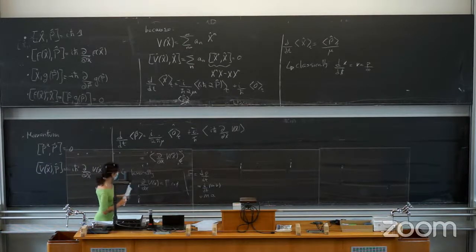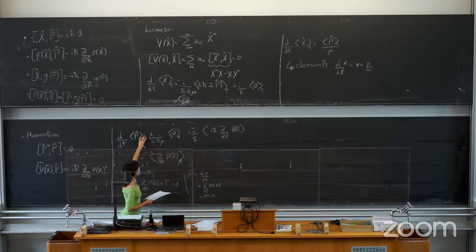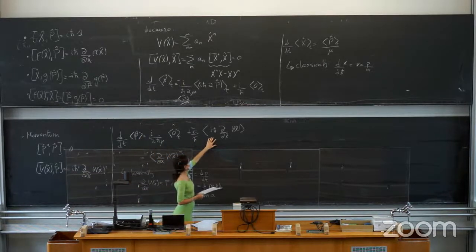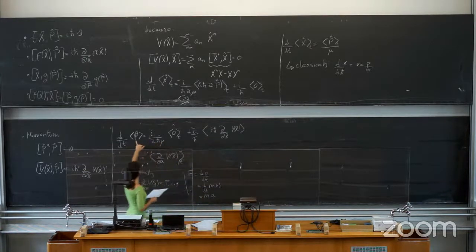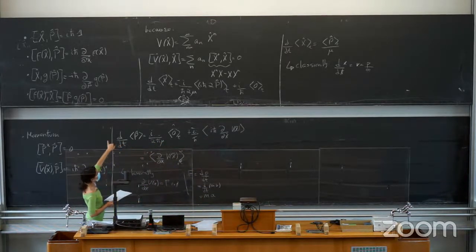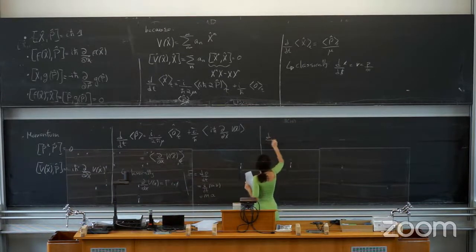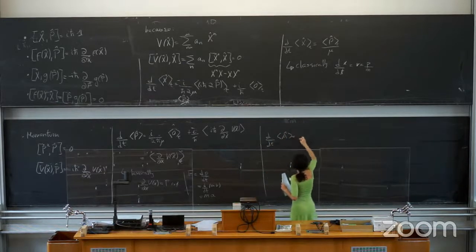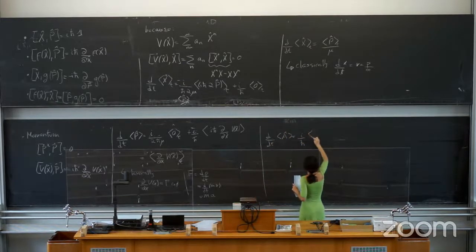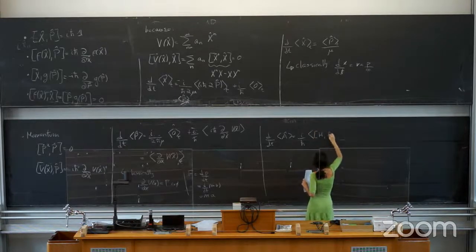What is equal to what? This? Okay, so this I just applied the usual equation, d/dt of some observable, possibly with a minus sign, of H. The observable now is p.